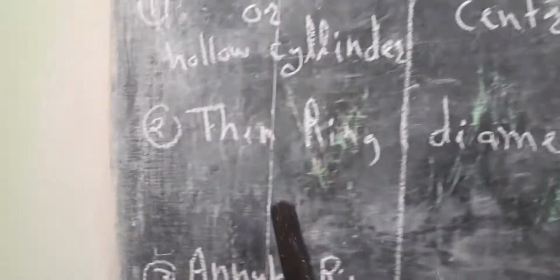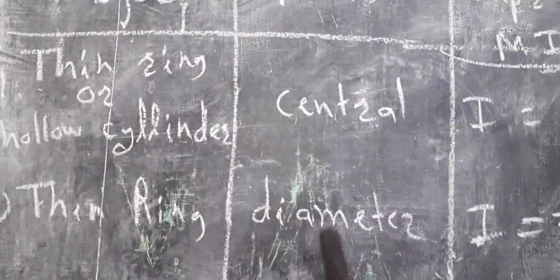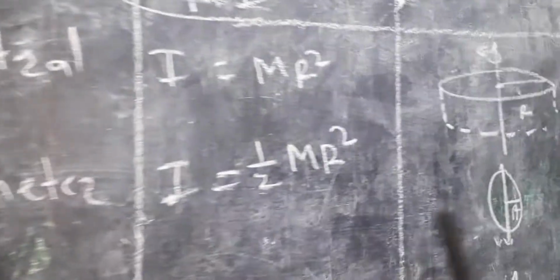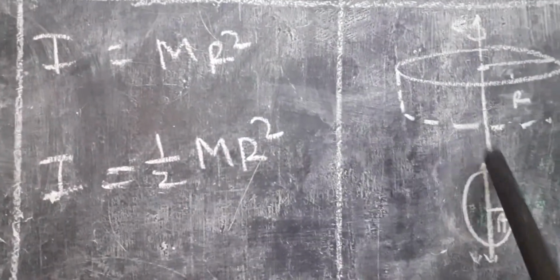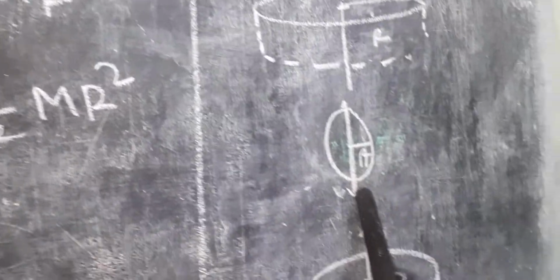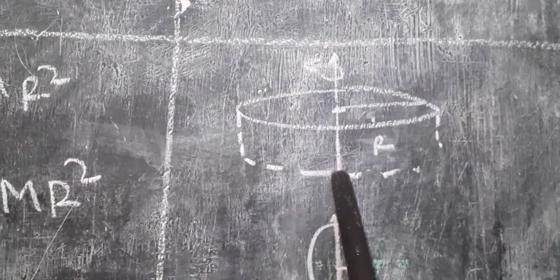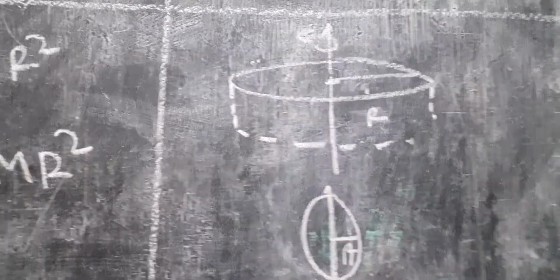Second body is thin ring. The diameter is now axis, axis is now changed, diameter. That means the axis which passes through the plane. In previous case, this axis was perpendicular to the plane. Now here the axis is in the plane.